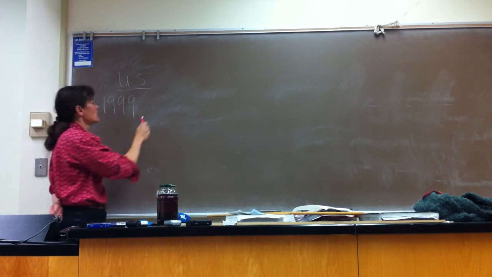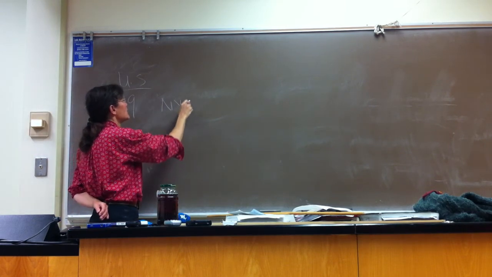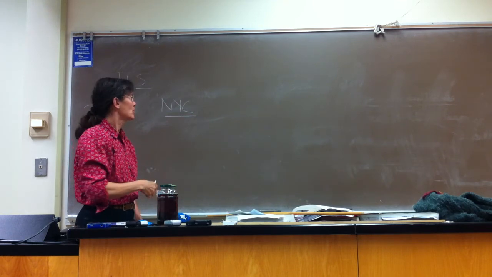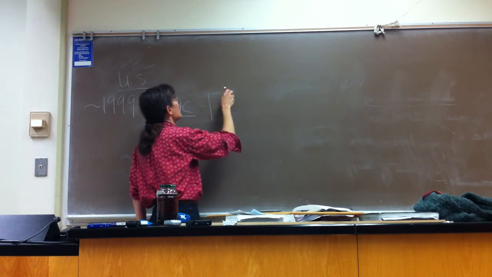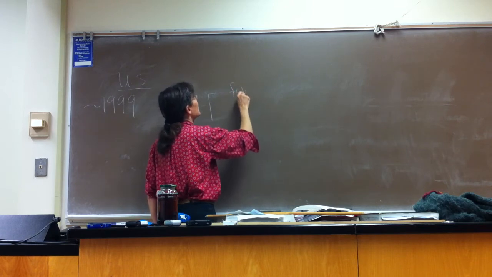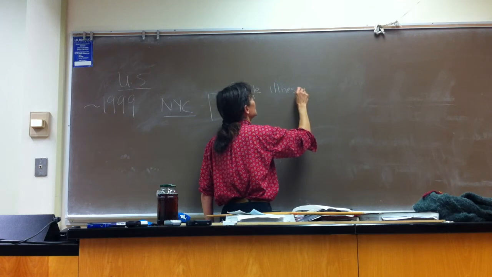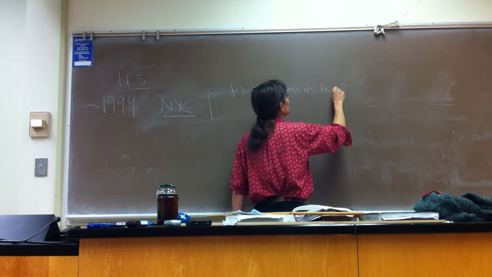And it was really interesting because in New York City, they had two unusual disease outbreaks going on at the same time. They had this febrile illness. Febrile means fever.